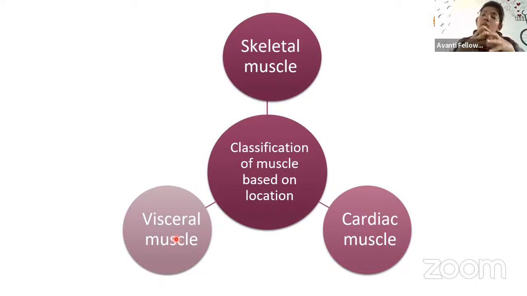These organs are also made up of muscles, and those muscles are called visceral muscles. Is it clear? There are three types of muscles: skeletal muscle on the skeleton, cardiac muscle in the heart, visceral muscle on the visceral organs. Can we move to the next?